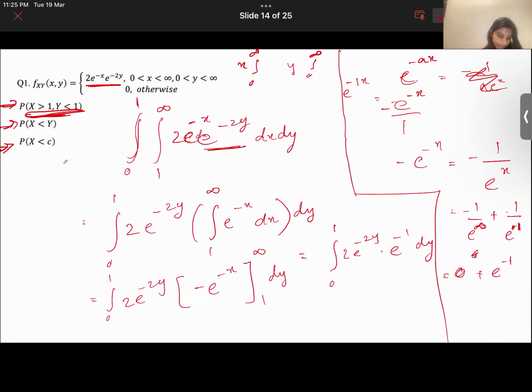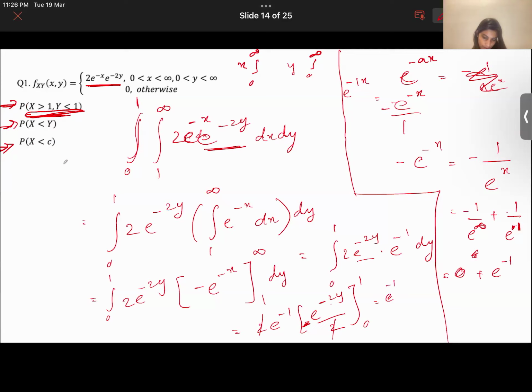Now all of these are in terms of y. Let's bring out the constants: 2 is a constant, e power minus 1 is also a constant, and you have e power minus 2y. When you integrate this, you get minus e power minus 2y divided by 2. You put the minus in front, and the value is put in the denominator. Your limits are 0 to 1. When you apply this, the 2 and 2 cancel.